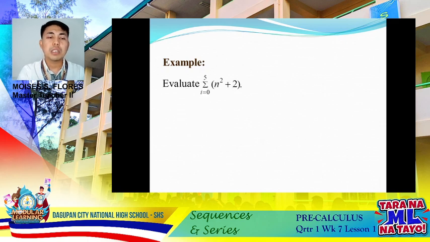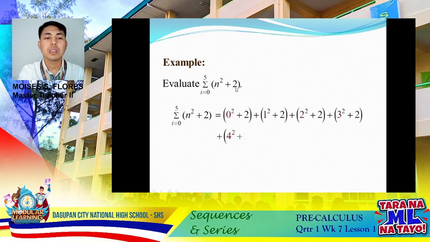We are asked here to get the sum where your general term is n squared plus 2 as n goes from 0 to 5. So what do you do again? Your n here is to be substituted with 0, 1, 2, 3, 4, and 5. So again, it's just a matter of substitution.